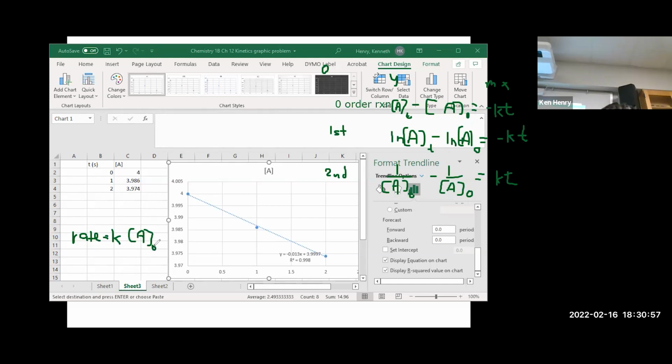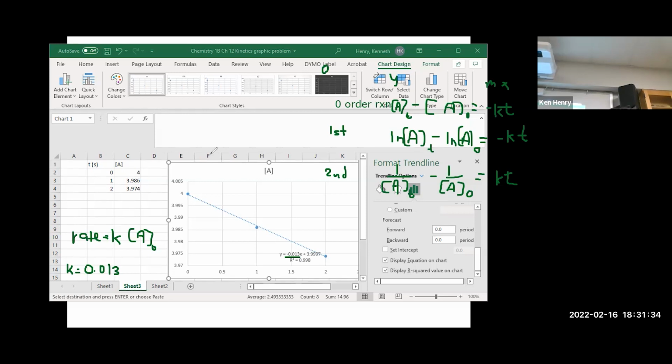In that case, this here is going to represent minus k. So then k is going to equal 0.013. Okay. A naught. What was that?